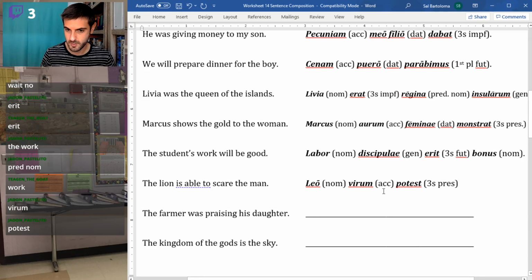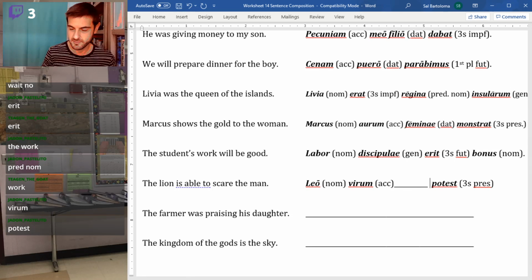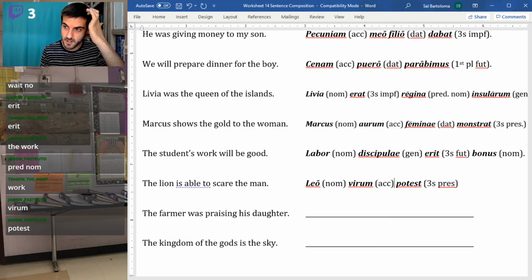So right now I'm just waiting on something. I'm missing a little something right in there. What form do I need? The verb to scare is terreo. What do we call that form? To scare.